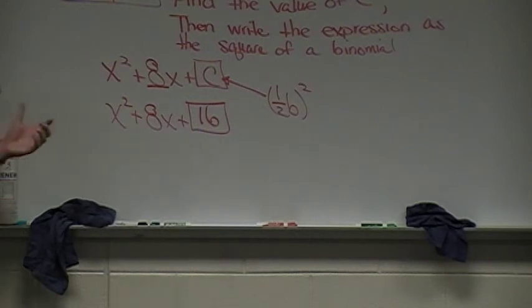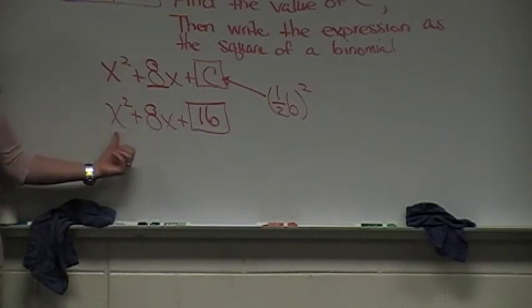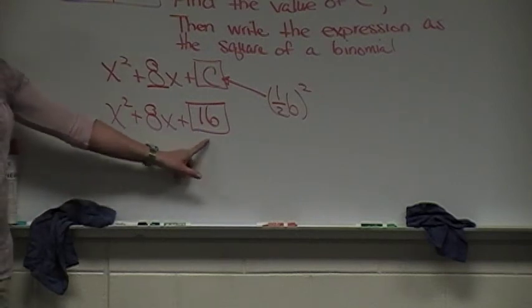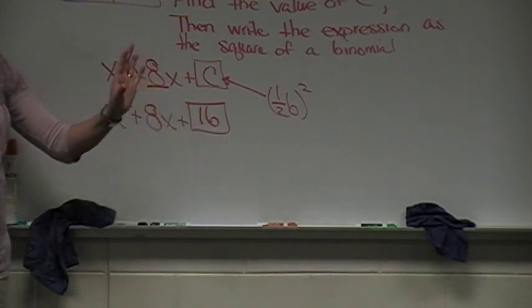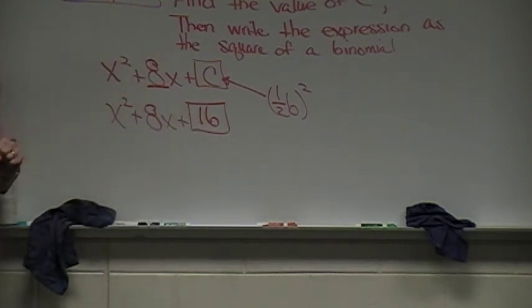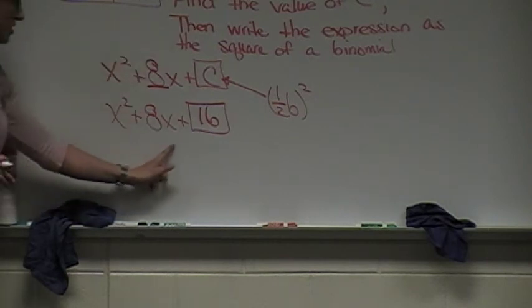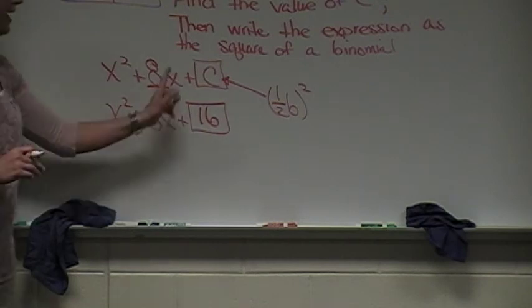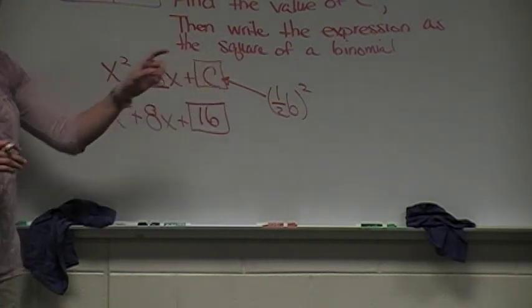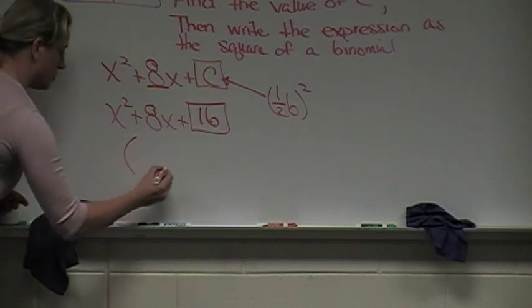Okay? Tell me now, is the first term a perfect square? Is the last term a perfect square? So is this a perfect square trinomial? Yes. Now that we've found what c was, we have one more thing to do in this problem. We have to write this expression, this perfect square trinomial, as the square of a binomial. It's really pretty simple.